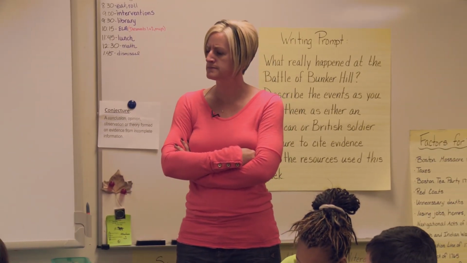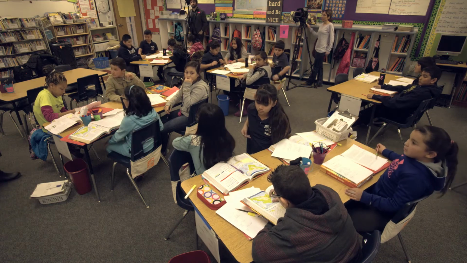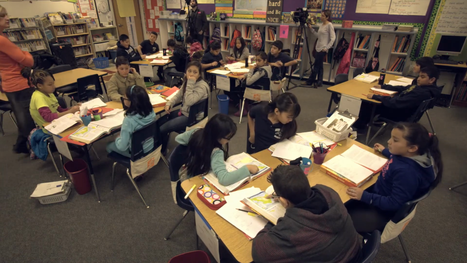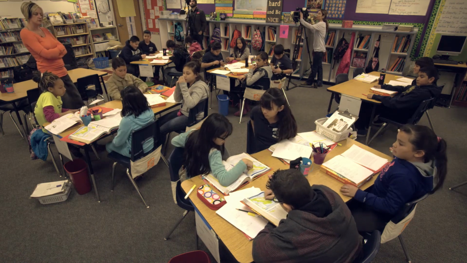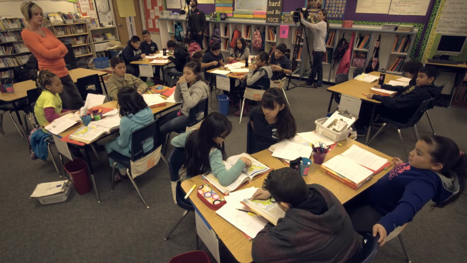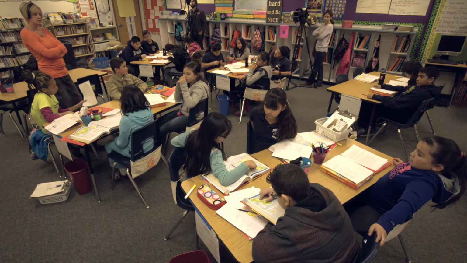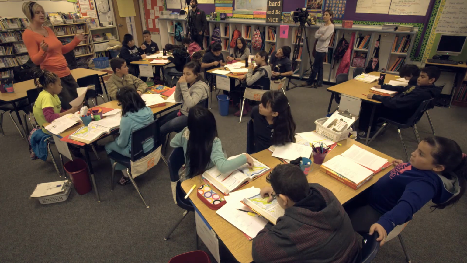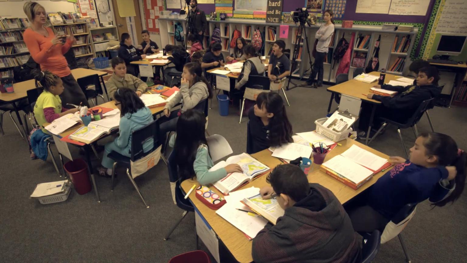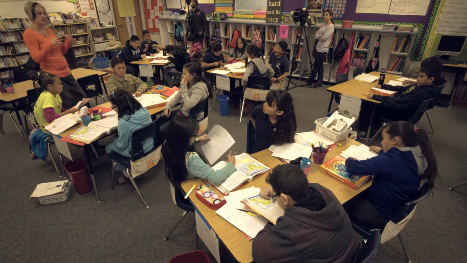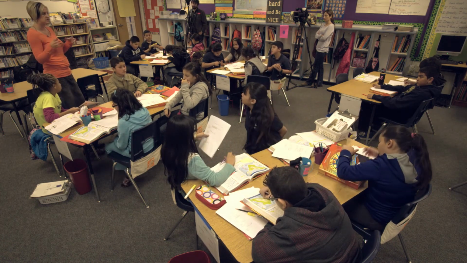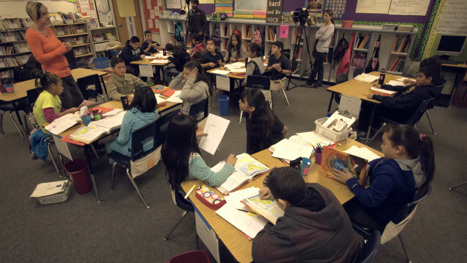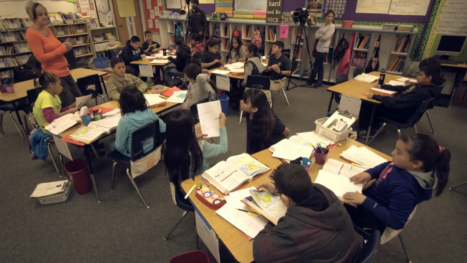They fired on the Americans, like they were on the Breeds Hills, and the British shot from their boats to the Breeds Hill. Okay, so there was already an attack going on. Yeah. So that jumped out at you. There was an attack already happening, and the attack was happening from the British ships that were out in the harbor. Okay, what else jumped out at you from this passage?